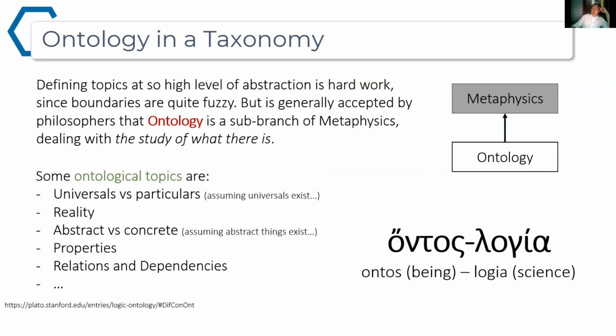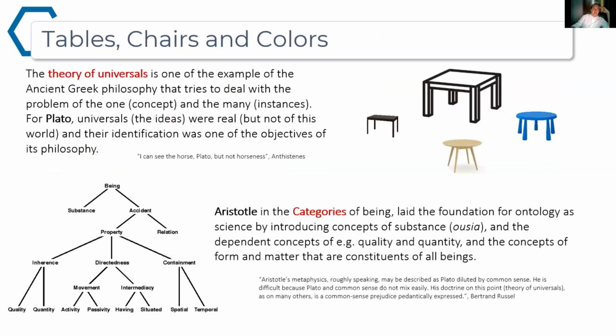So we can consider the ontology as a philosophical discipline that is a sub-branch of the more general metaphysics. In fact, the etymology of the word ontology comes from ontos and logia, which means the science of being. So in its definition it is the science of everything that exists.